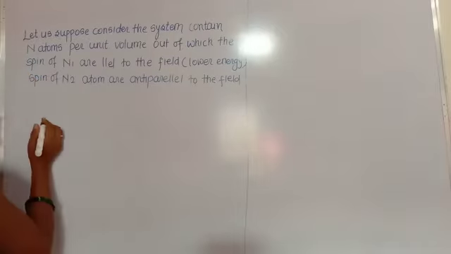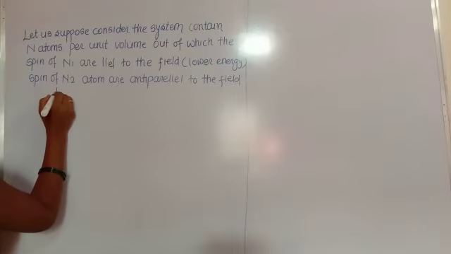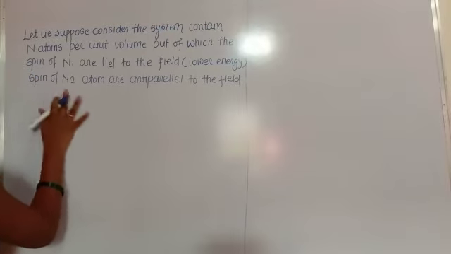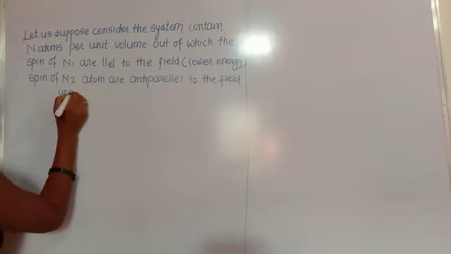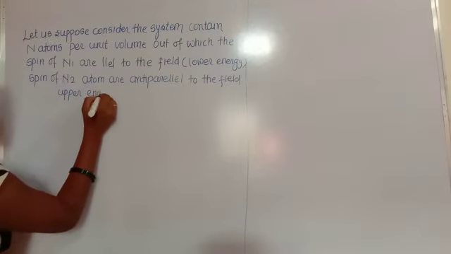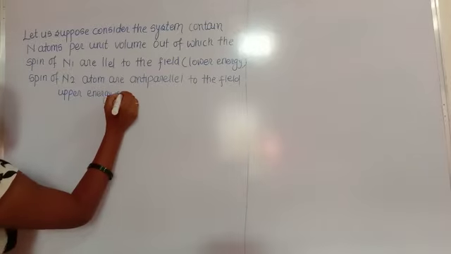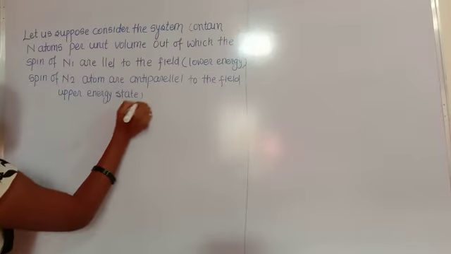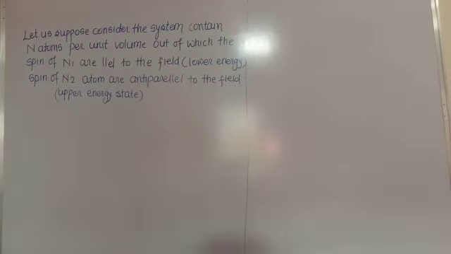That means these atoms are in the higher, upper energy state. So n1 particles have spin parallel to the field, the lower energy state, and n2 are anti-parallel to the field, the upper energy state.